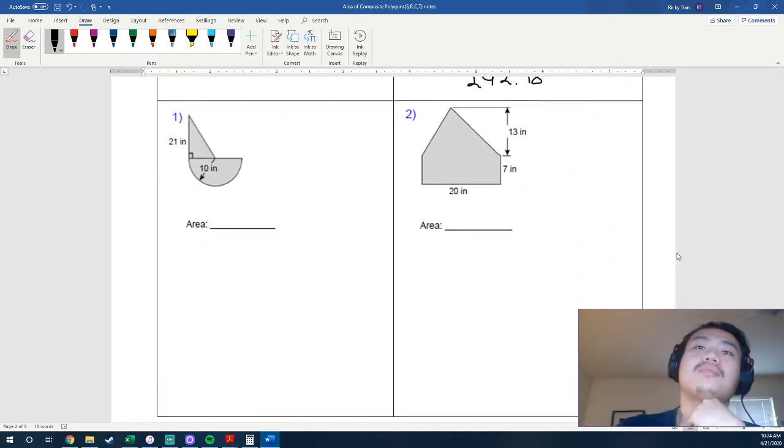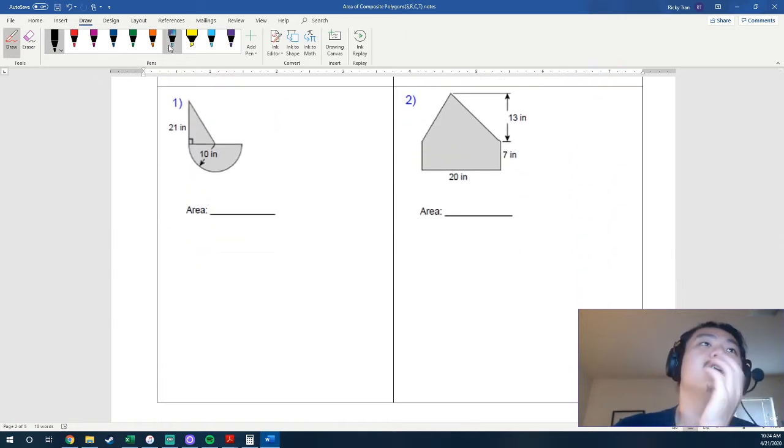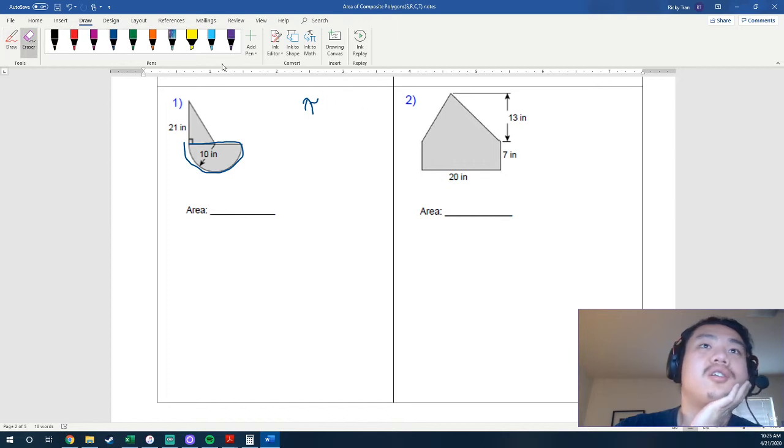It's just focusing all on area. All right. So again, starting with the semicircle, it's gonna be pi r squared divided by 2.